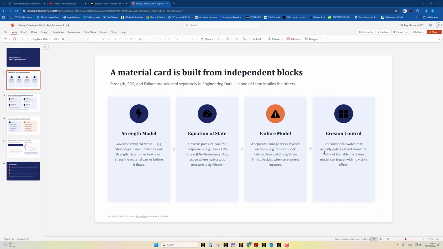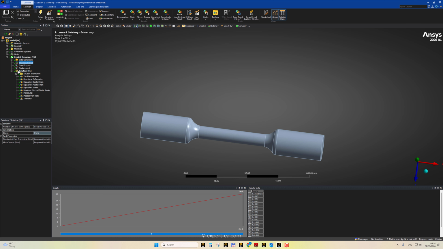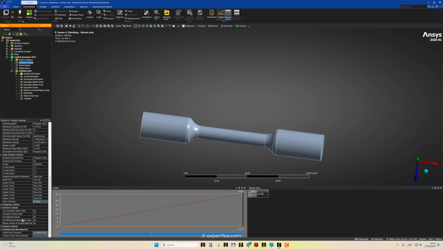The fourth method, which is mostly visual and helps the solver, is the erosion control. When we're talking about erosion control, we're talking about this option, geometric strain limit. Normally, it should be left by default.